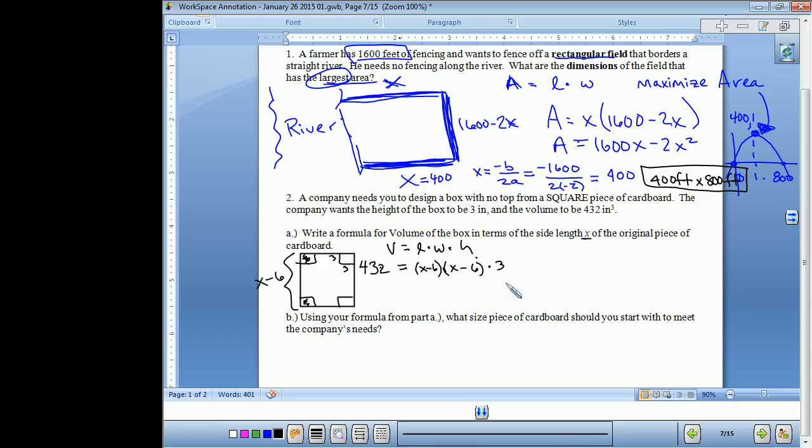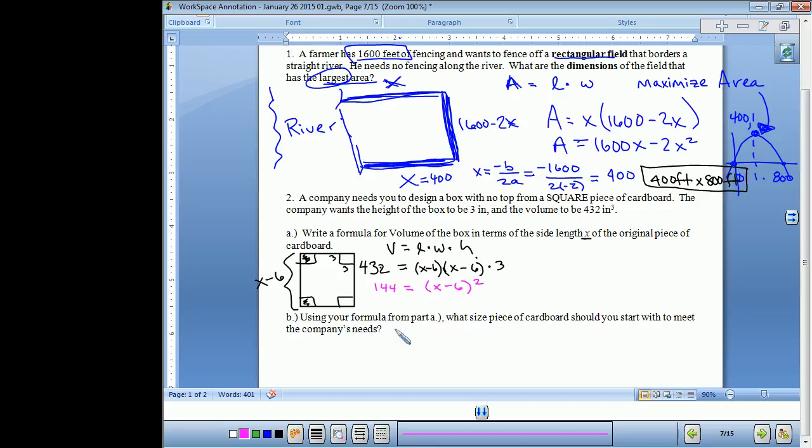Now we could set this equal to 0 and solve it like it's a quadratic, but it divides by 3, so it's much easier to do this algebraically. If we divide both sides by 3, we get 144 equals, aren't there 2 x minus 6's? Could I write that as x minus 6 squared? Yes.